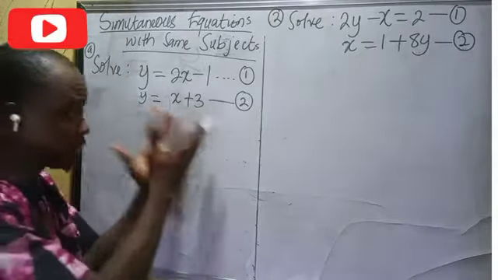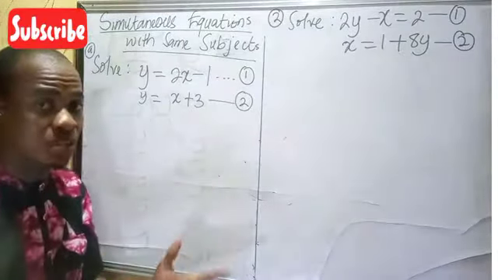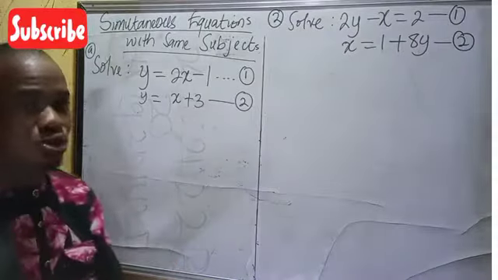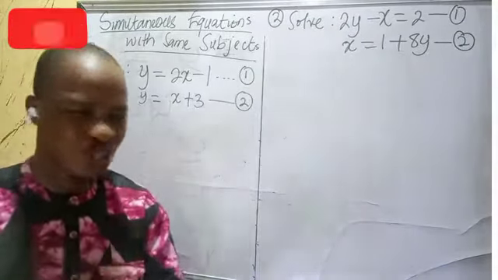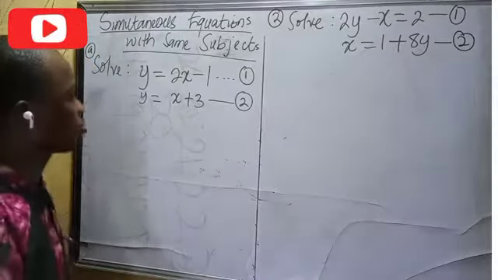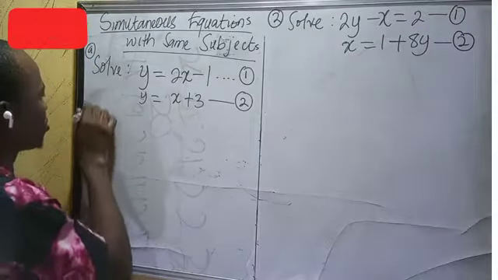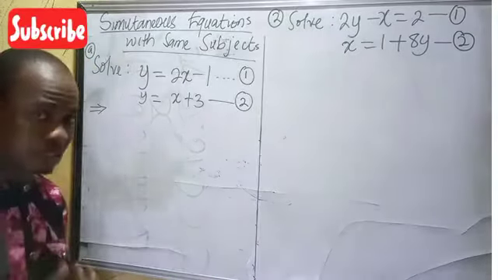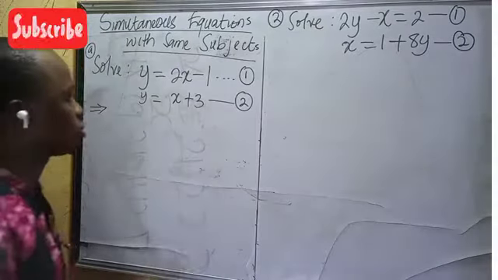So therefore, when we have this kind of equation, what are we going to do? We don't need to be very quick, we don't need to disturb ourselves so much. What we are going to do now is that I want you to follow me attentively so that you'll be able to see what I'm going to do.